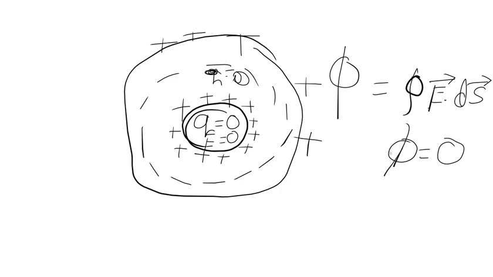In conclusion, any cavity in a conductor remains shielded from electric influence. How will these electric charges form here? This is the concept we have discussed. If there are no charges inside, then the electric field is also zero. Then how are the charges formed on the surface of the charged conductor?